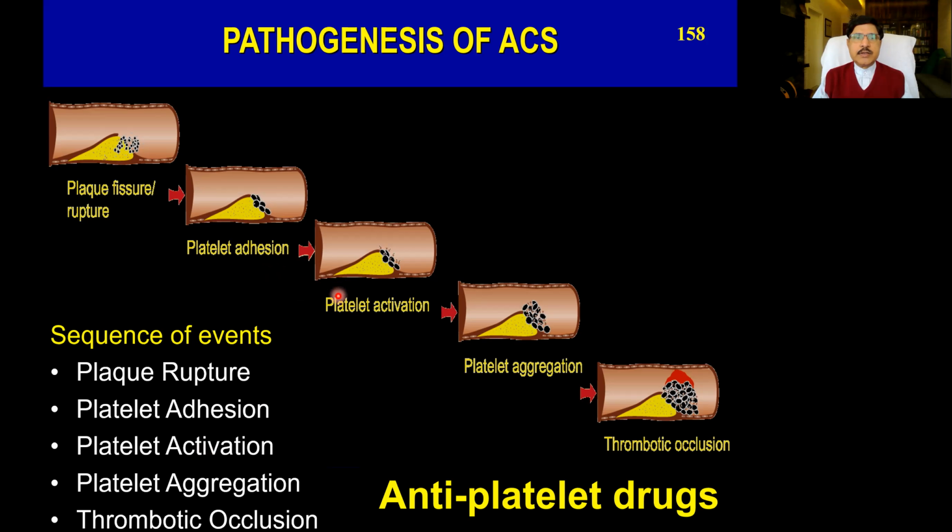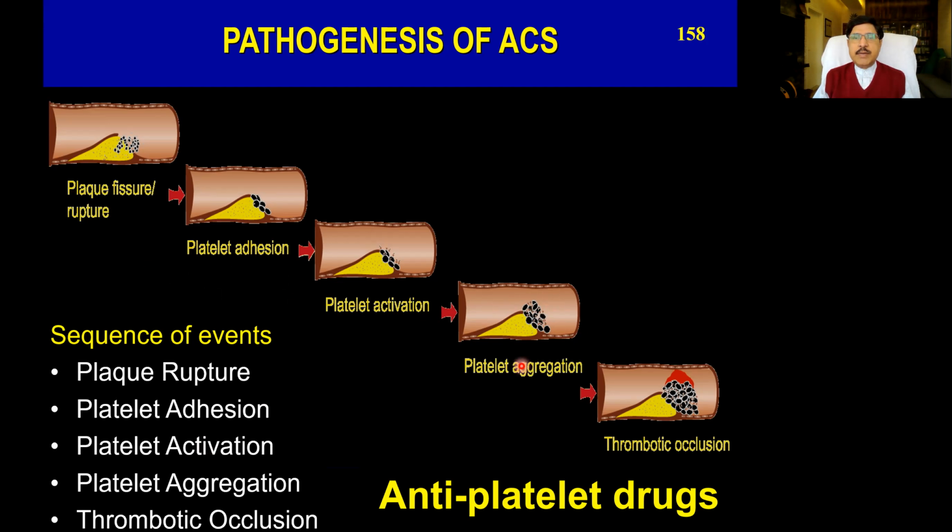Activation means the platelet starts releasing all the chemokines and cytokines packed inside them and starts calling all the cells for help. That is activation. Then they will call in more platelets, and that is called platelet aggregation.